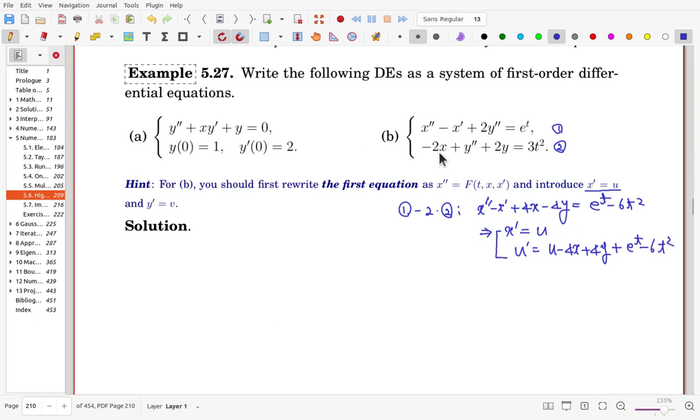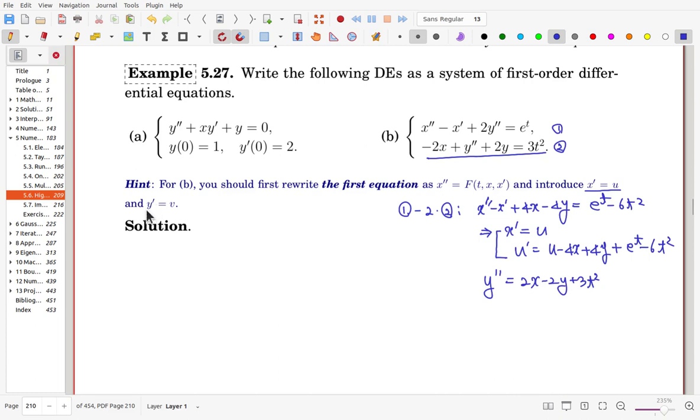Okay, now for example from this one here, we rewrite this one: y double prime is the same as 2x minus 2y plus 3t squared.